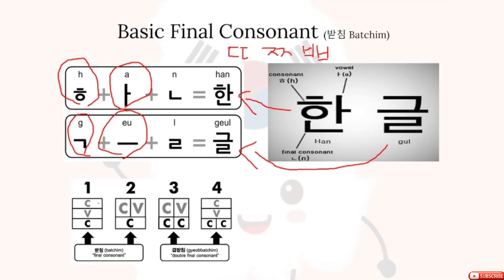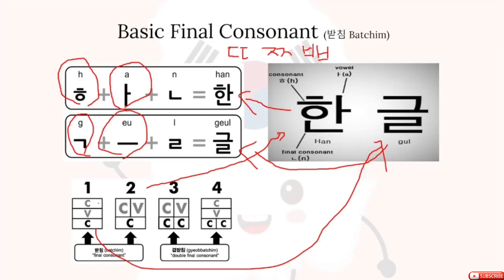And the second rule, consonant, and right next to it the vowel, and under, the final consonant, like the han. Yes, this one. And this was like the goal. And number 3 and number 4, we'll get to that. Now, it's the double final consonant that falls under.